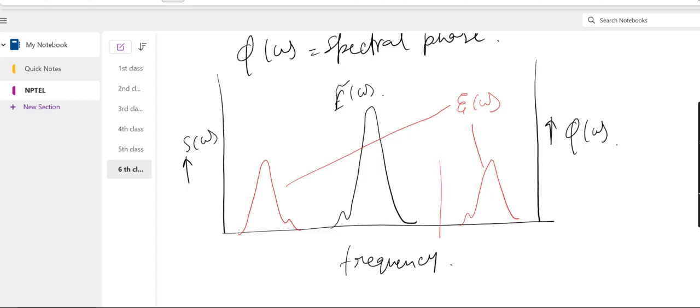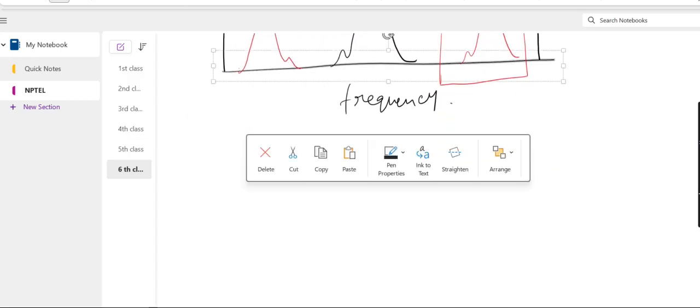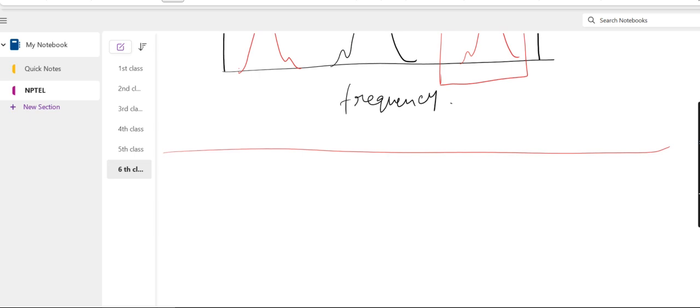So we only see this, and the phase corresponds to it like this. That is enough for us to know the full picture of the pulse.